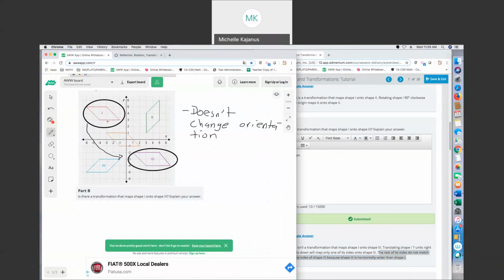One way that you can tell is, well, on the bottom, the distance is 1, 2, 3, 4. Let's see if it matches this bottom. 1, 2, 3, 4, and a little bit more, like maybe 4.5. So they're actually not the same shape. Not congruent.